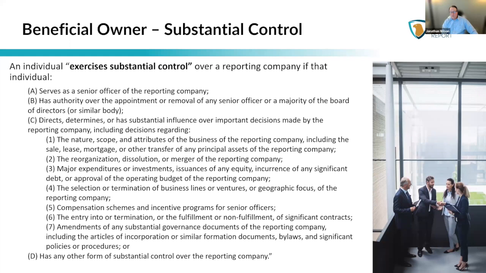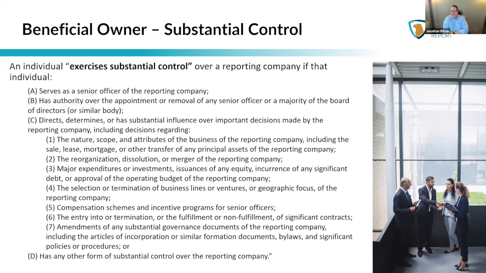We also must include anyone who has a power of appointment, either the power to appoint any senior officer or a power of appointment over a majority of the board of directors. Subsection C is the one that gives everyone fits. You are a beneficial owner if you direct, determine, or have substantial influence over important decisions made by the reporting company.